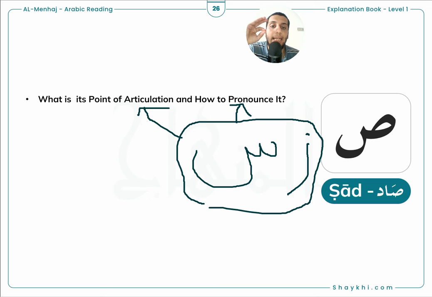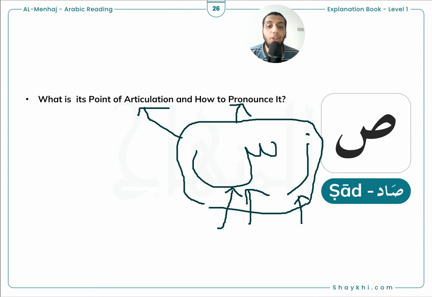When we pronounce Zay, there is a vibration of the vocal cords. If you touch this area, you feel the vibration. But if you touch this part when you pronounce letter Sin, you don't feel the vibration of the vocal cords.